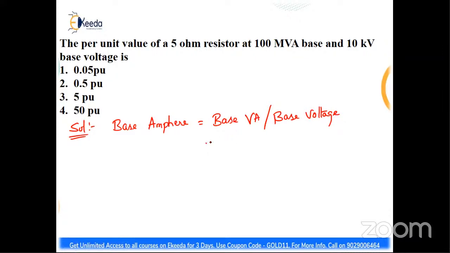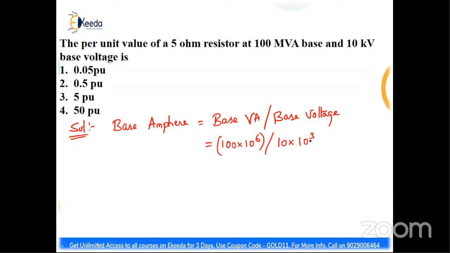So what is our base VA value? That is nothing but 100 MVA, right? 100 MVA. So I can write here, base VA means 100 into 10 to the power of 6. Divided by base voltage, which is 10 kV. This can be written like this, 10 into 10 to the power of 3.